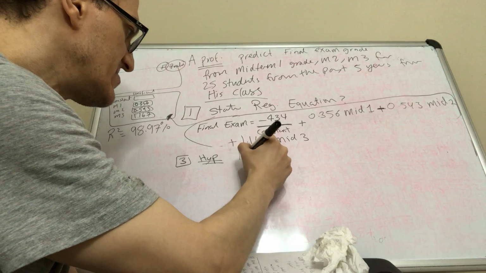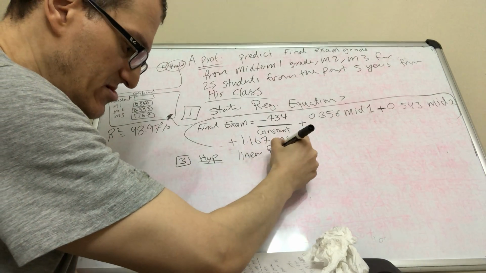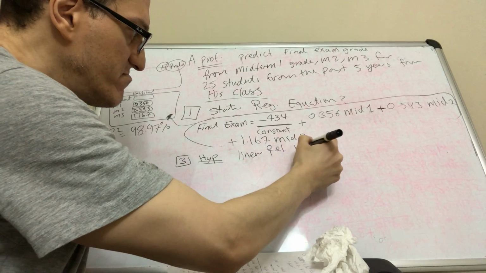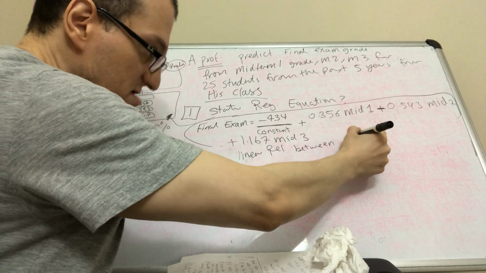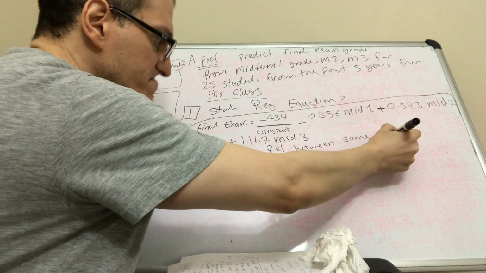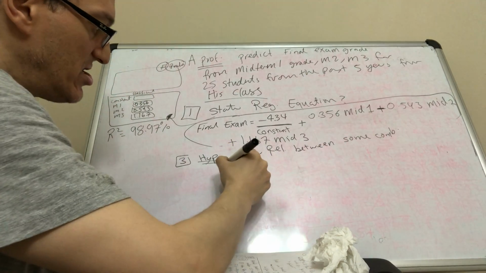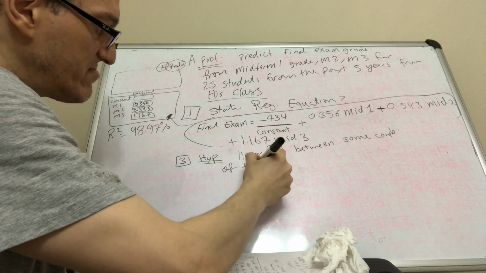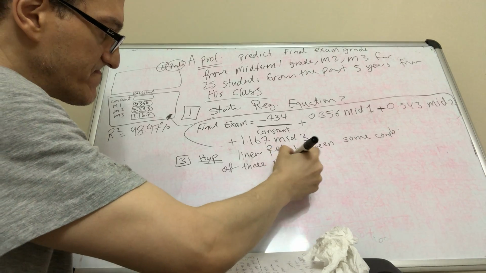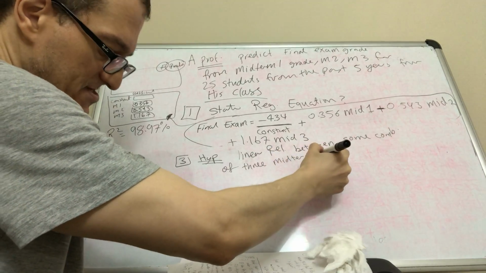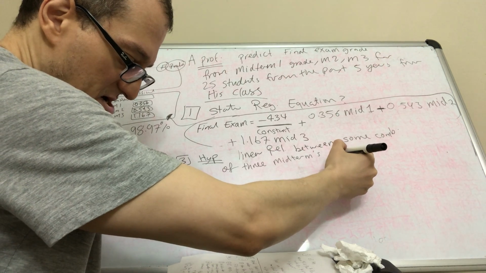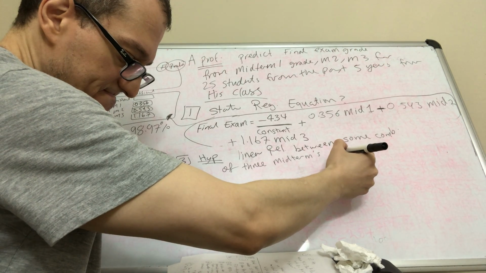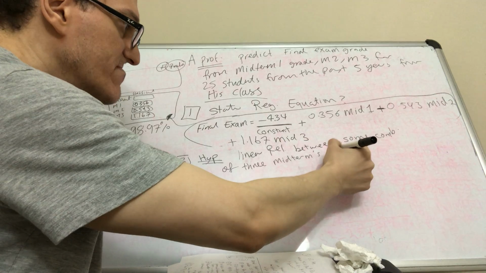You want to see if there's linear relationship between some combination of the 3 midterms on the final exam.